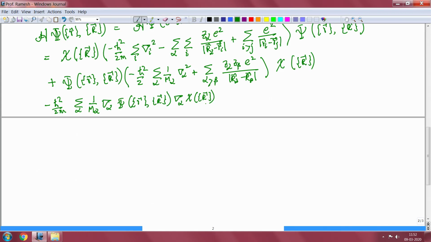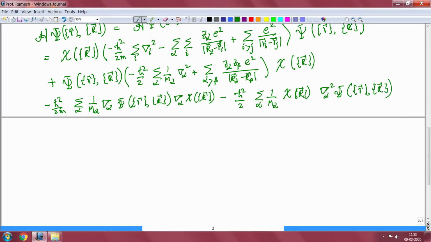And I have another term which is minus h cross squared by 2 sigma over alpha 1 upon m alpha chi of R, which I have pulled through all the way, times del alpha squared psi of r comma R.